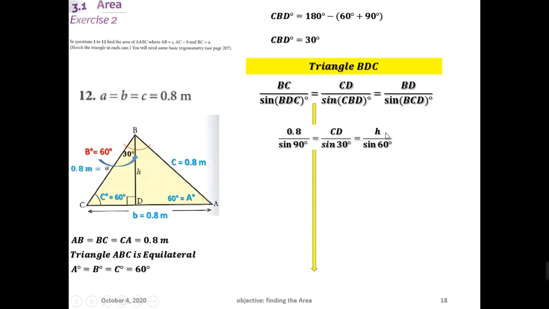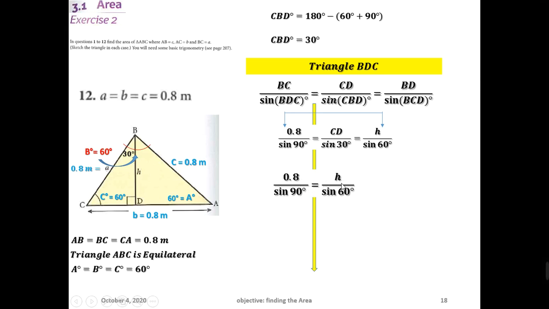And since we are calculating for H, we're going to take the first fraction in this sine rule and the last fraction. And we're going to ignore the fraction in the middle as following. Let's write the two fractions next to each other as following. Then let's apply on them the cross multiplication. And for a shortcut, you're going to say my unknown is H. So H is equal to and fraction line.